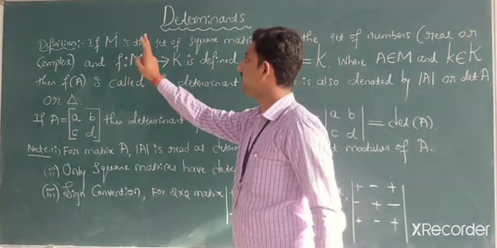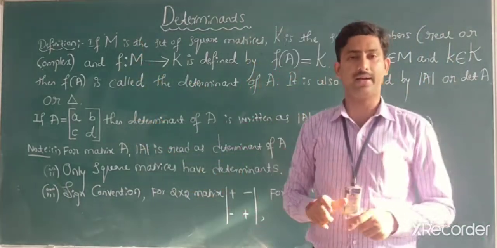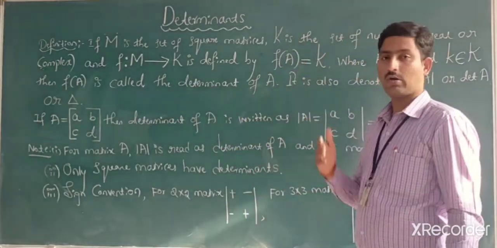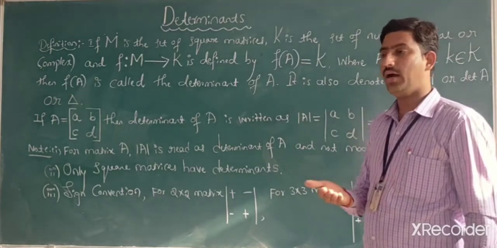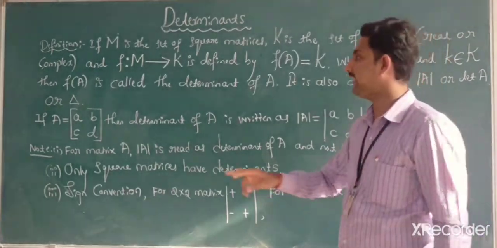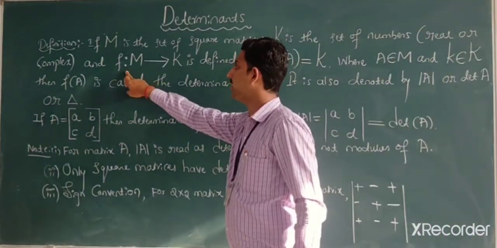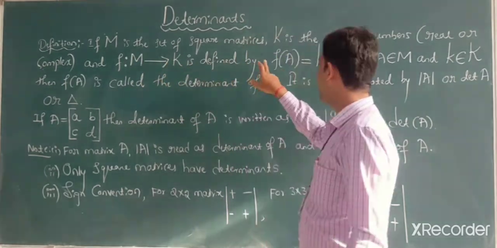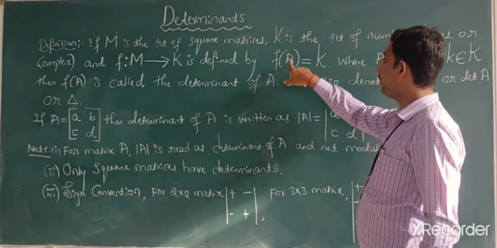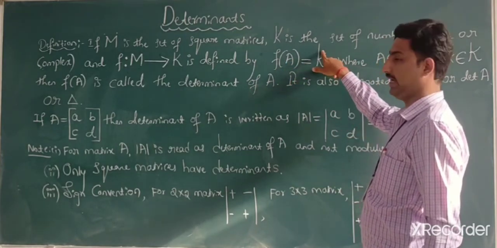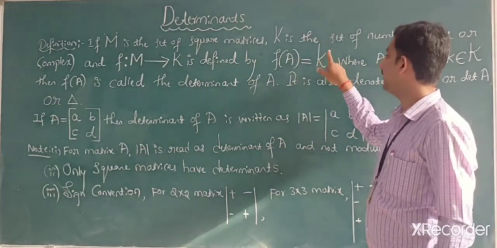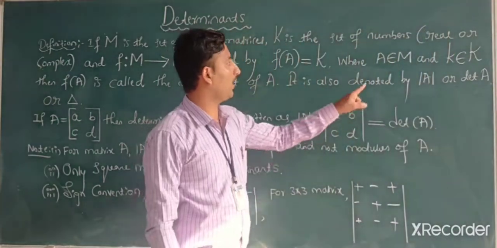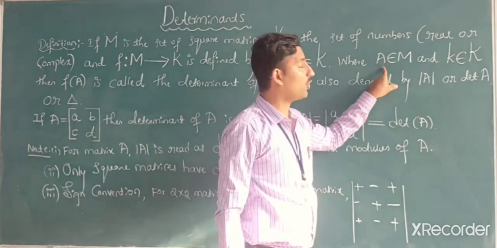The definition says, if capital M is the set of square matrices and capital A is the set of numbers which are real or complex, then we take one function, f from capital M to capital K, defined by small f of capital A is equal to small k. It is not capital K, it is small k, where capital A belongs to capital M, that is the set of square matrices.